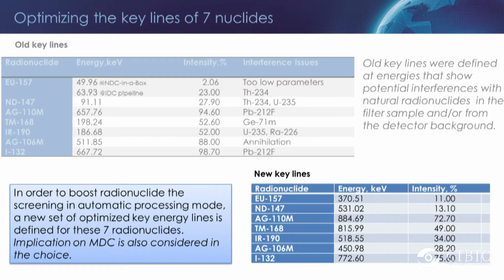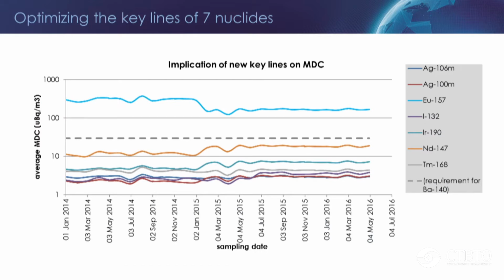And then, of course, by doing this, we also made sure that the impact on the detection sensitivity would not be affected in a compromising way. And this was the case for all those nuclides. Actually, we even had one case where the MDC is a bit better compared to the previous key line.